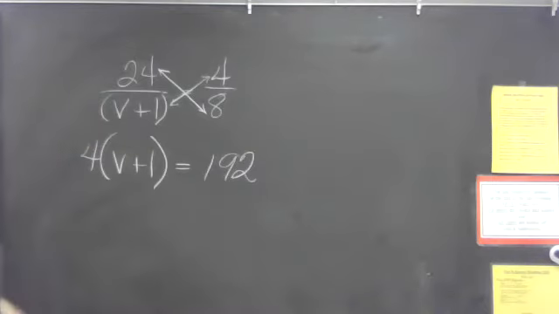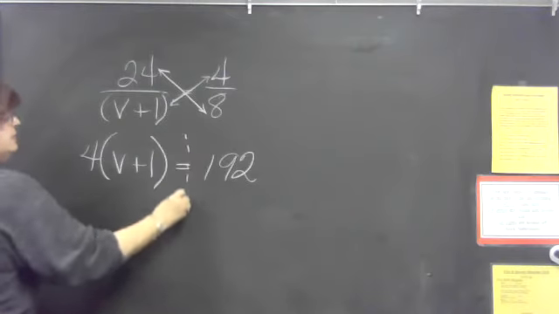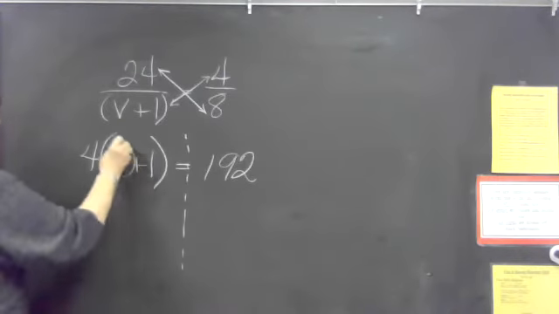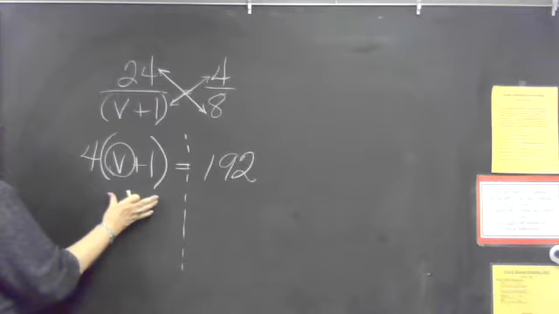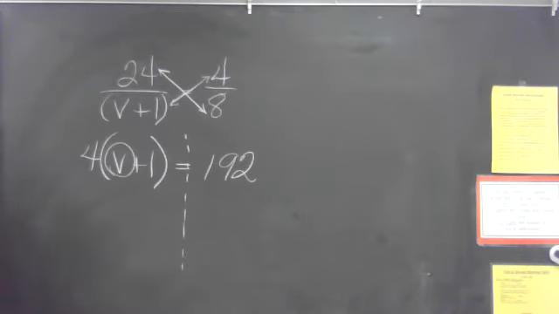Yes. And when we have an equation, now we know how to solve an equation. We put our line down through the equal sign, circle the variable. So since the variable's on this side, we're going to focus on this side. Now, usually we would just subtract 1, right? We can't do that because it's inside a set, and you can't go into a set and take a piece out.